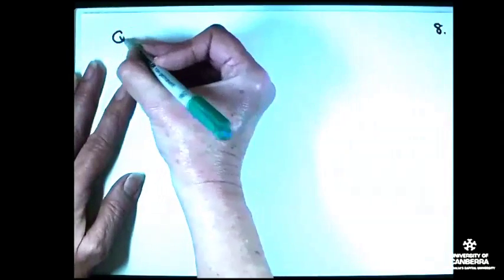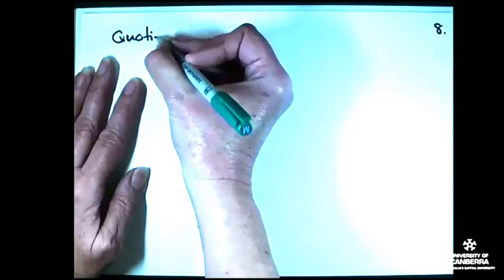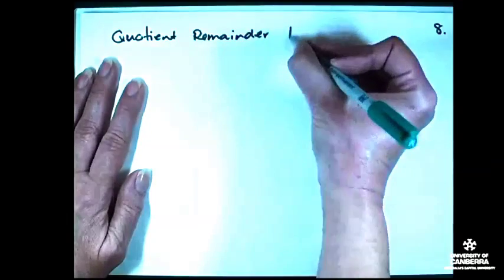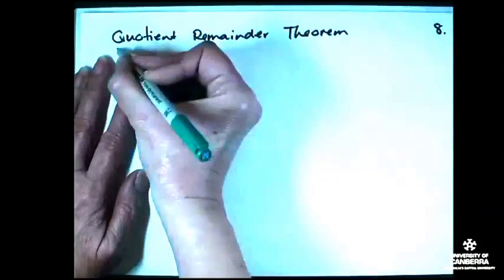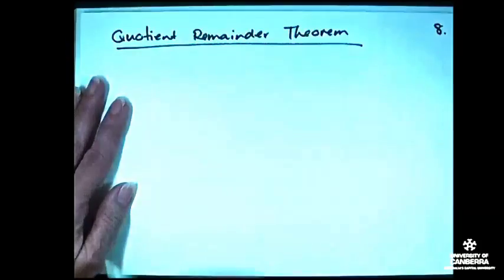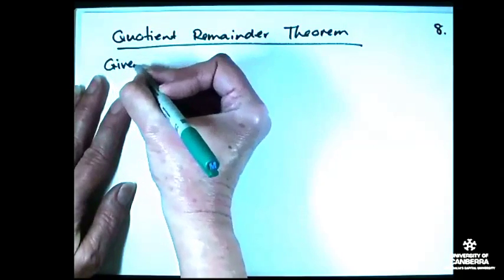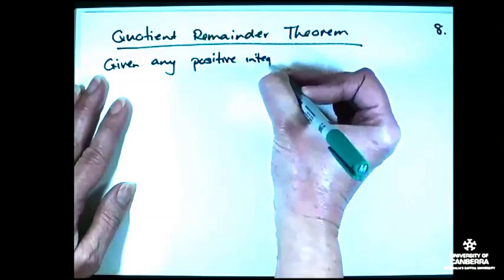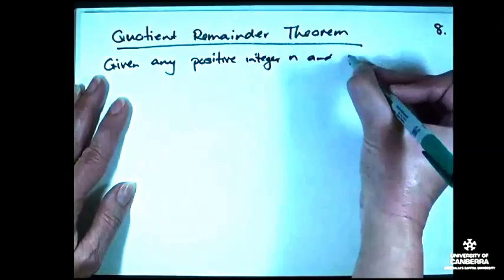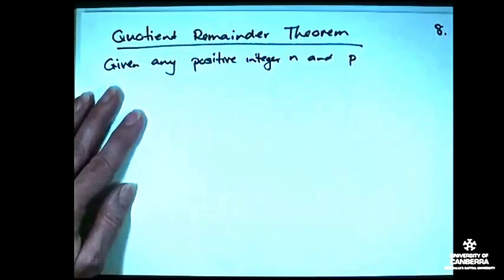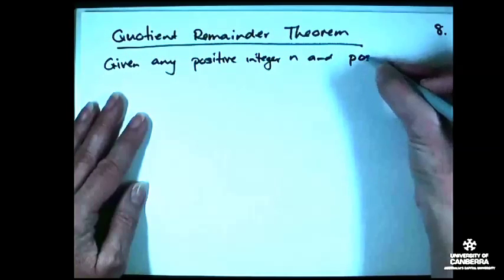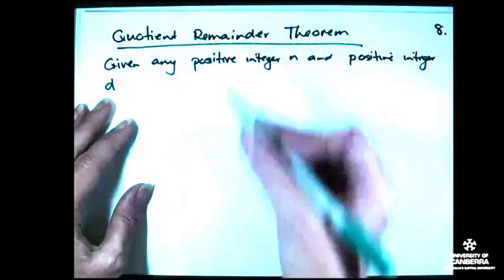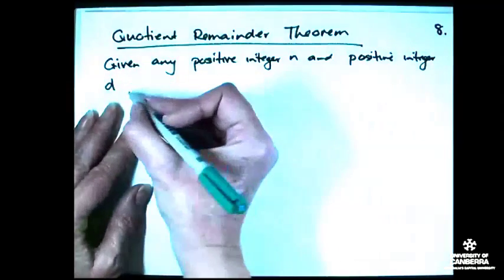It says, given any positive integer n and positive integer d, I'm wondering if I should have positive there. Anyway, never mind, check up in the book.